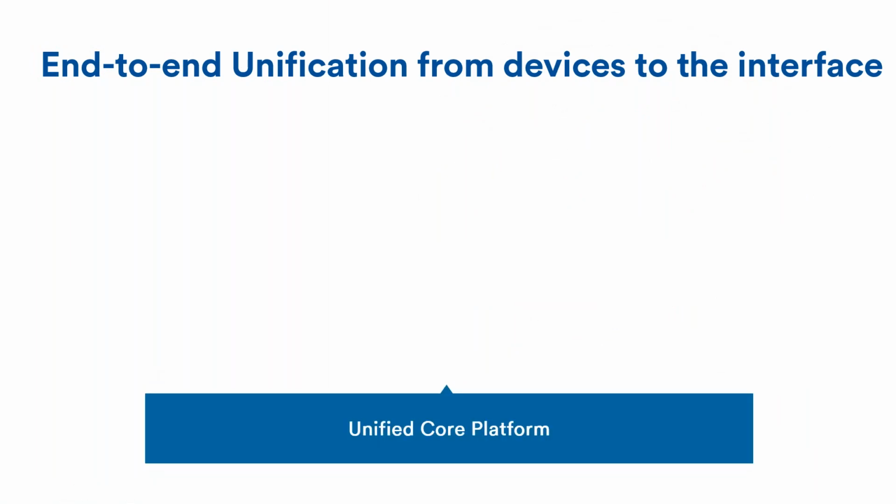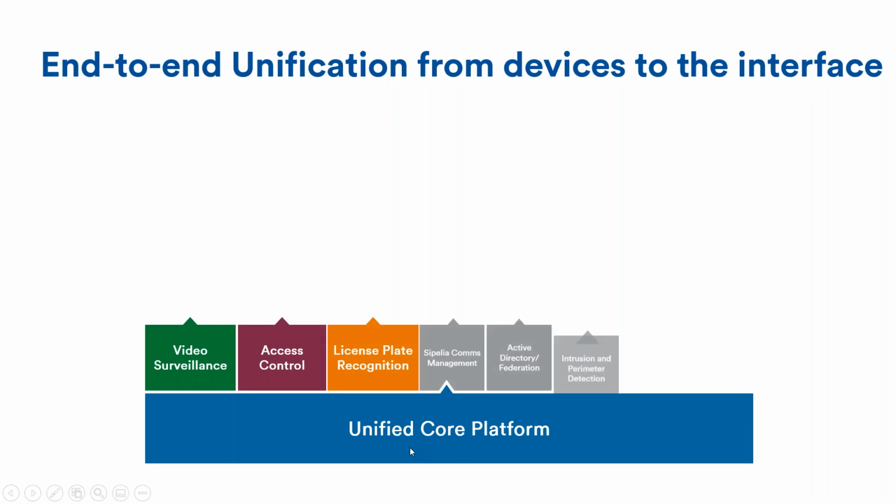Here is a quick block diagram of how Security Center is laid out. We have our core platform, Security Center, and the various feature sets that are enabled via the licensing, whether it's video and access control, or video and license plate recognition. Sapelia Communications is our intercom integration. We do integrations to Active Directory. As I mentioned, we support intrusion panel monitoring, perimeter detection, and we also have a visitor management module.